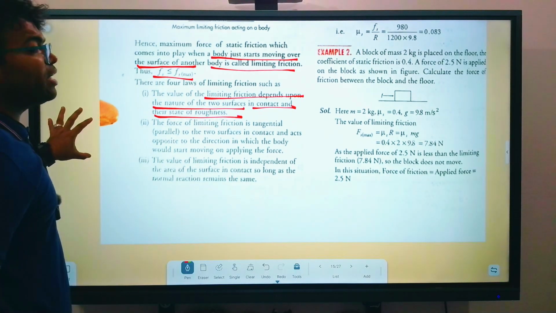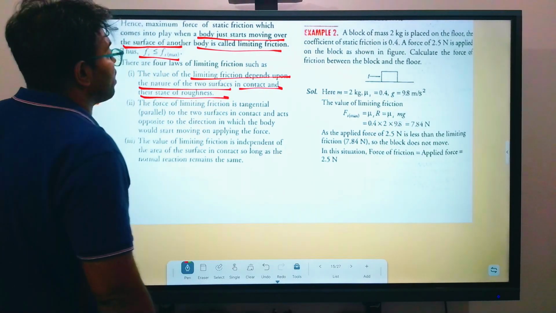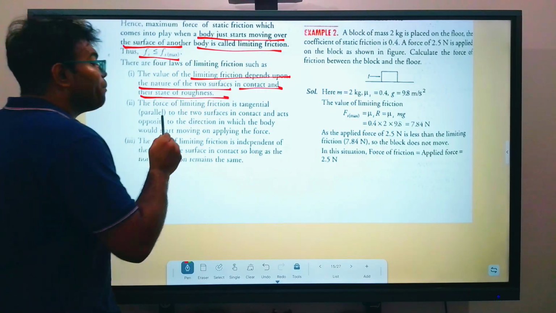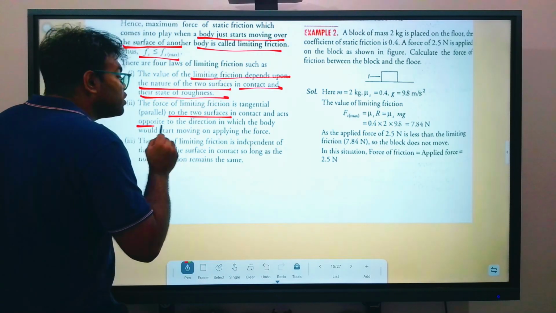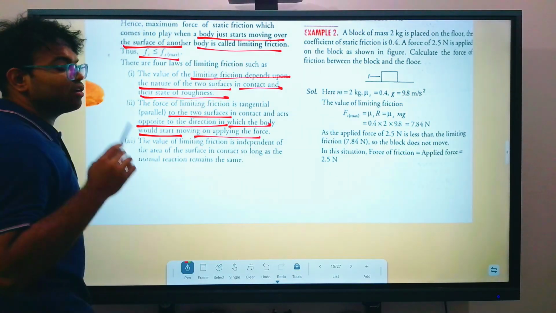The value of the limiting friction depends on the nature of the two surfaces in contact and the state of roughness. The force of limiting friction is tangential, parallel to the surfaces in contact, and acts opposite to the direction in which the body would start moving on application of force.